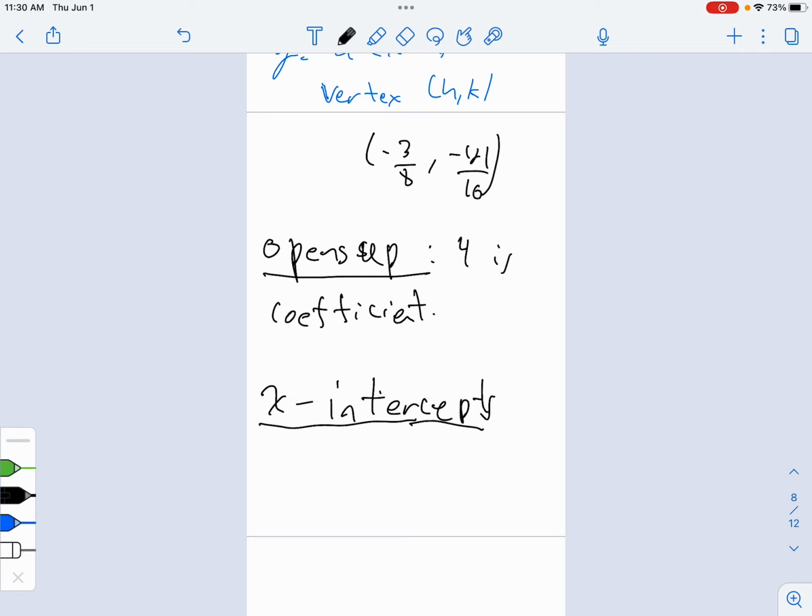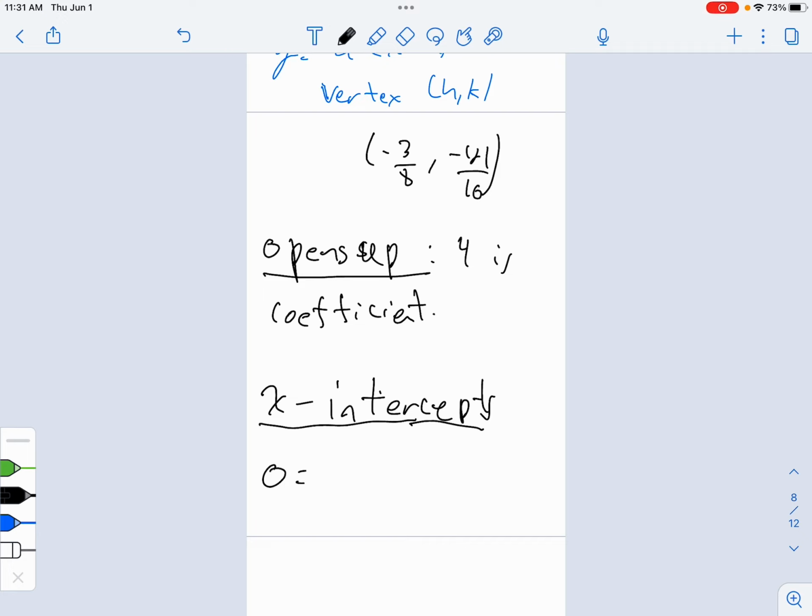If you watch the first part of how to graph a parabola, I talked about finding the x-intercepts, but I said when you don't have this expression in vertex form, it's harder to get the x-intercepts. You can use the quadratic formula and such, but they're not always easy to get.